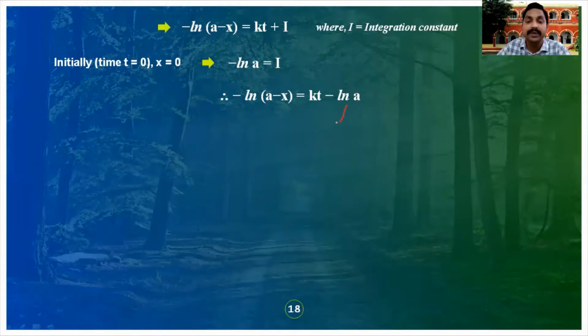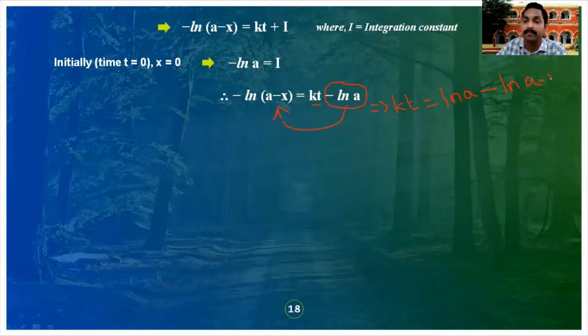Now let us bring this ln a to the left hand side. Minus ln a will become plus ln a. That implies kt is equal to plus ln a minus ln a minus x.